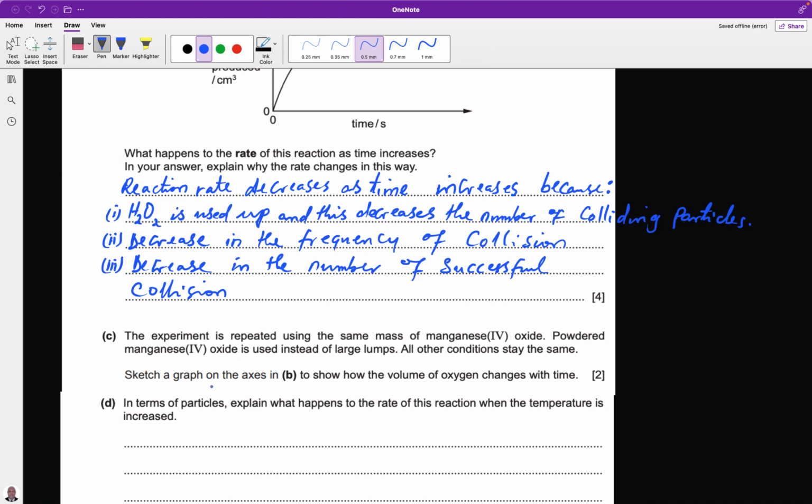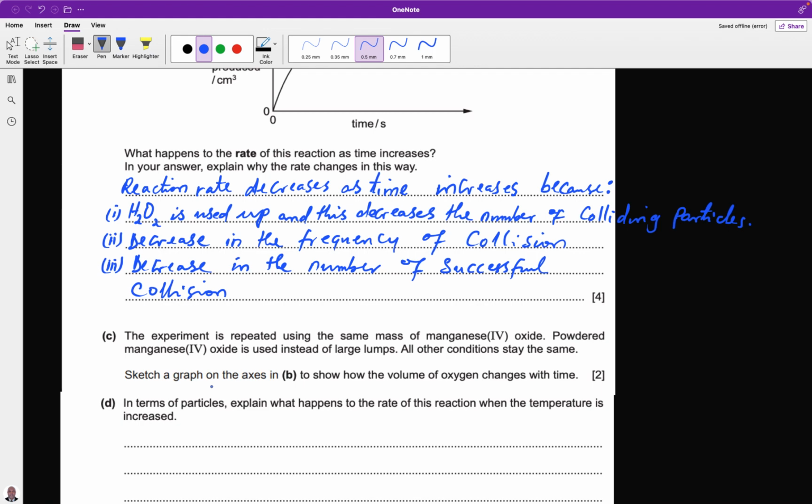Remember that when the same mass is being used, this time around, instead of large lumps, we have decreased the size into powder. Now in the powdered form, we are increasing the surface area of the reacting particles.